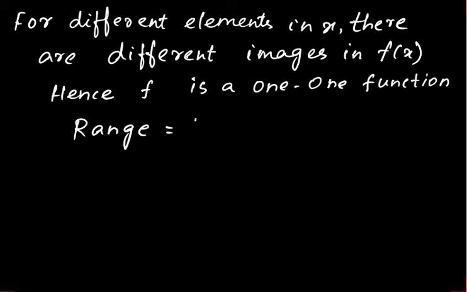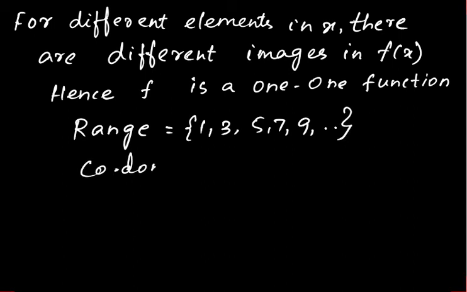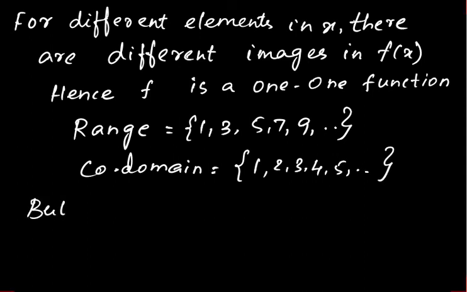So the range value is 1, 3, 5, 7, 9 and so on, and your codomain value is the natural numbers, so 1, 2, 3, 4, 5 and so on. But here the range is not equal to the codomain.